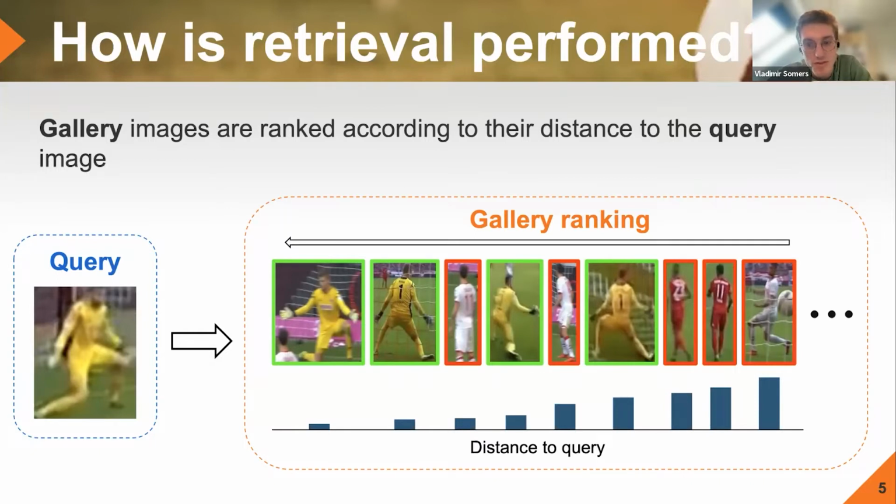And we will therefore compute the distance between the query and each image in the gallery and rank these gallery images according to their distance to the query. In this figure, the top of the ranking is on the left and the bottom of the ranking is on the right. And hopefully, samples from the same identity as the query will be on the left, so at the top of the ranking. In this figure, you can see that a green border illustrates a correct match, so a sample with the same identity as the query, and red boxes, samples from a different identity than the query.